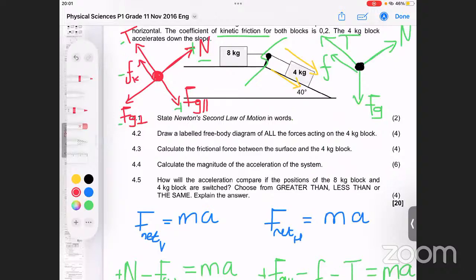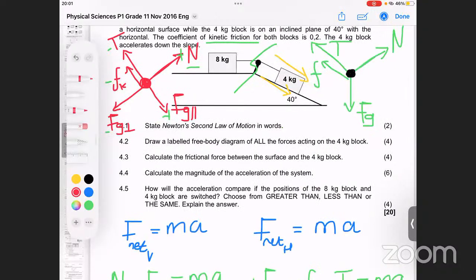It looks like we're going to use the one for the component. Can you see on our labeled free body diagram, unlike this one, which is on a horizontal surface, we were not going to have the component, but we were just going to have FG.